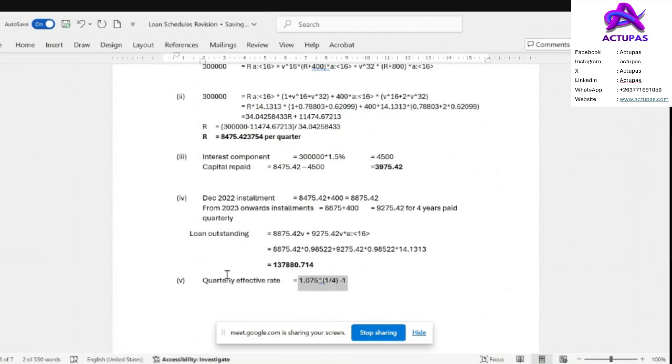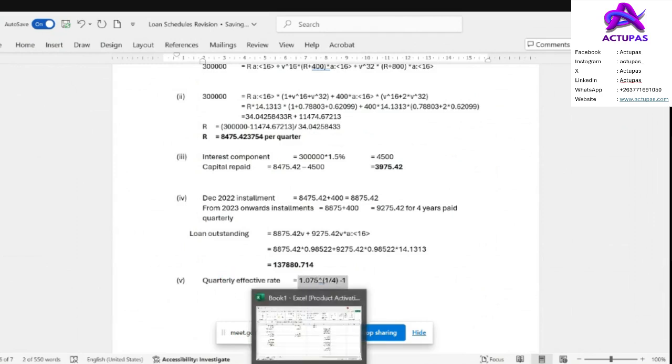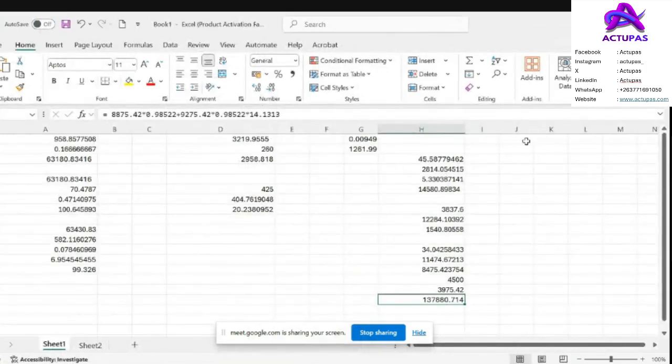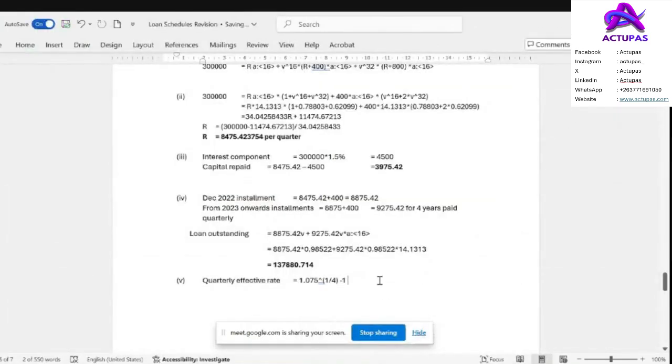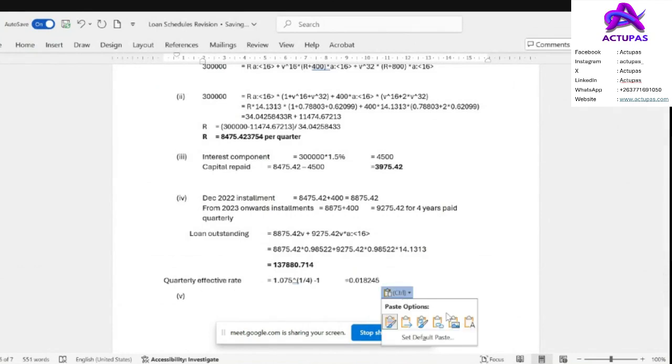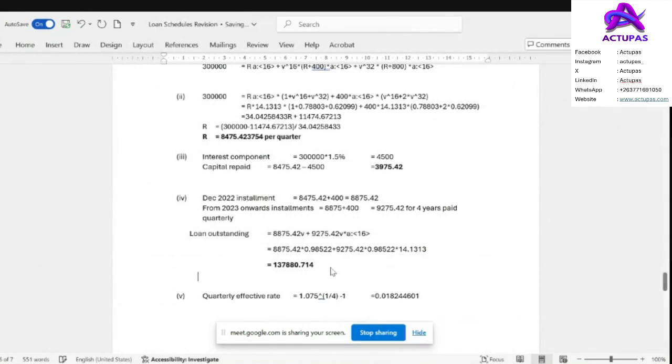Copy this. So this is your quarterly interest rate that we are going to be using for this part of the question. This is 1.8245%.